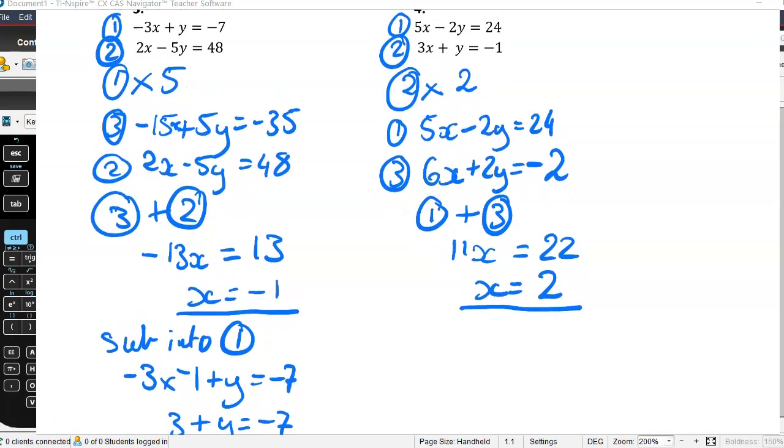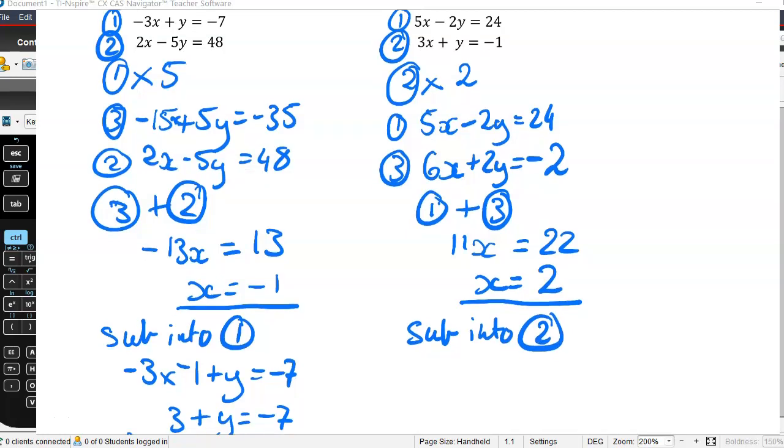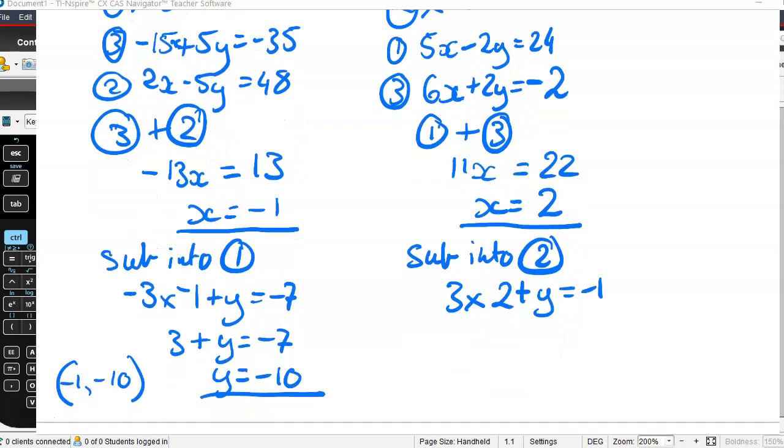Okay, so using that, sub into equation 2. That one looks nice, straightforward. So 3 times 2 plus y equals negative 1.